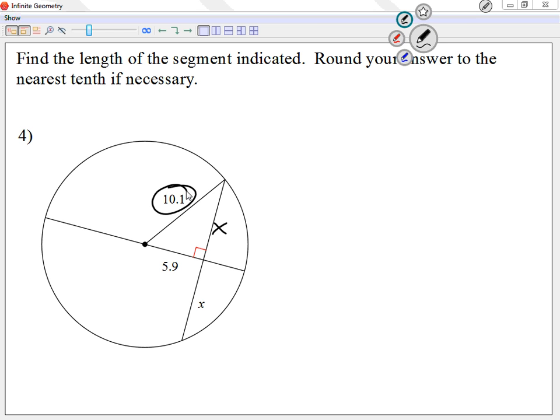So let me circle my hypotenuse, that way I know which one it is. So the way I will write this will be x squared plus 5.9 squared is equal to 10.1 squared. I think from there you guys can take it off. You guys can finish it.